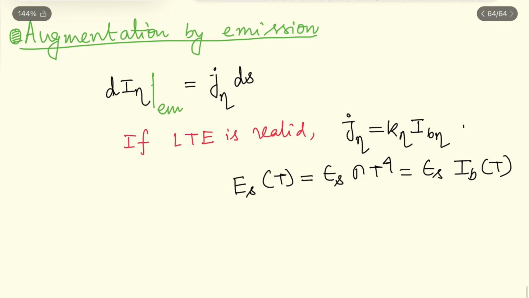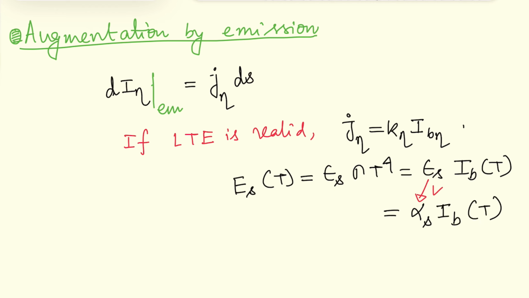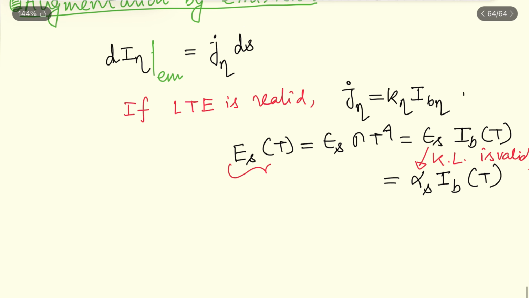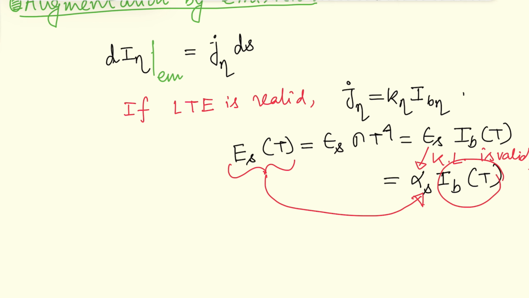And we know that if Kirchhoff's law is valid, then this emissivity of S becomes alpha_S for a diffuse gray surface. So this is valid if Kirchhoff's law is valid. That means this emission from a surface becomes the absorptivity into the black body emission.